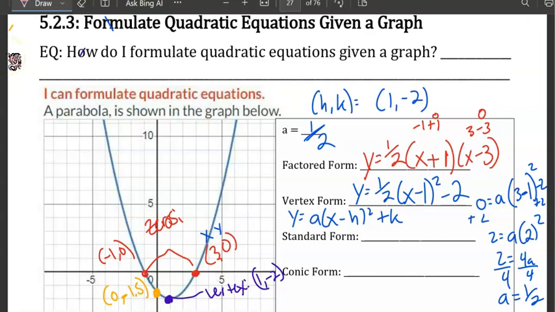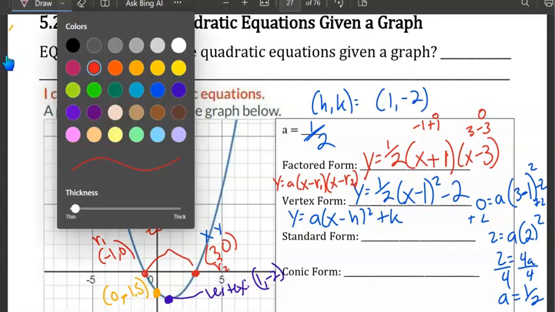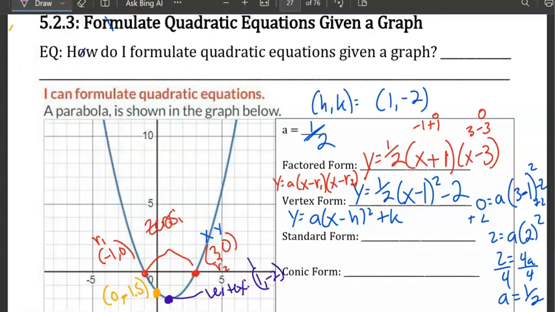So basically the formula for that is y equals A parentheses x minus our first 0 times x minus our second 0, also known as roots. This is R1, this was R2. Just like from before, this was our H, this was our K.